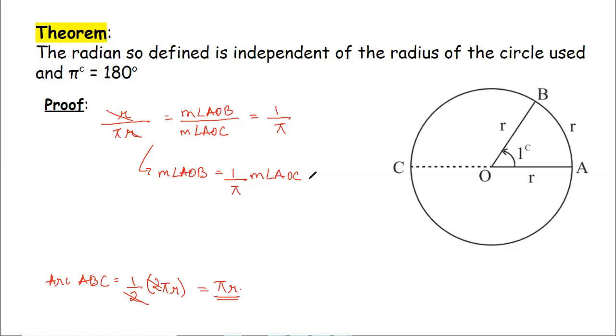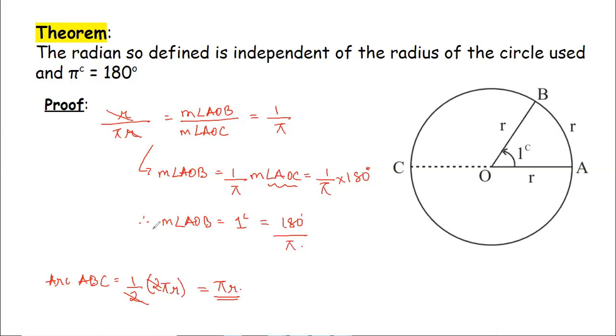Now measure angle AOC, as we discussed earlier, is equal to 180 degree. So in place of measure angle AOC we put 180 degree. Therefore, measure angle AOB, which is 1 radian as per the definition of radian measurement, is equal to 180 degree divided by pi.